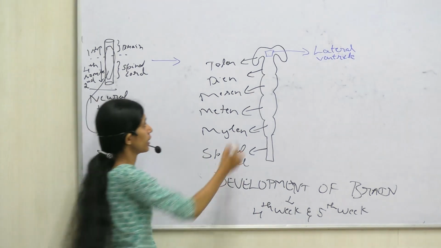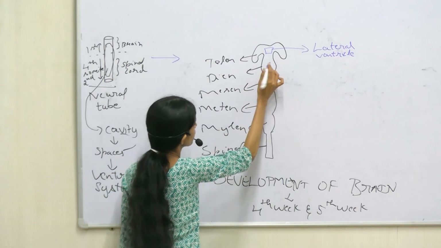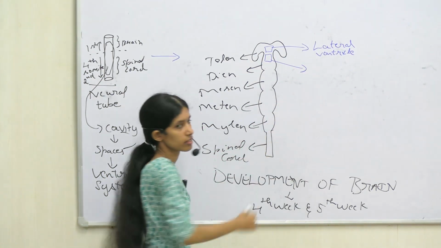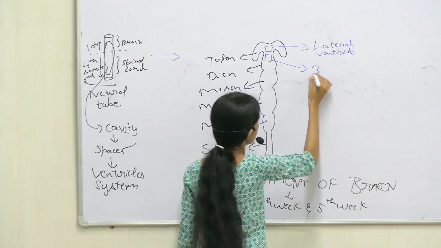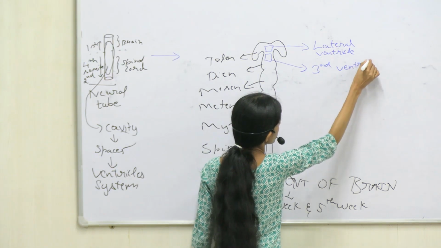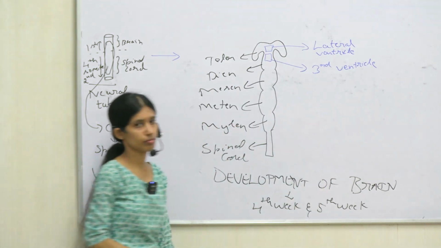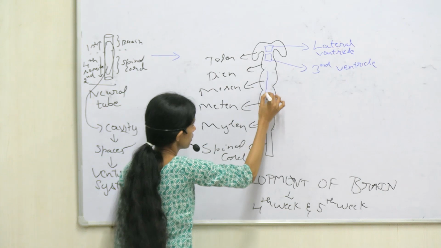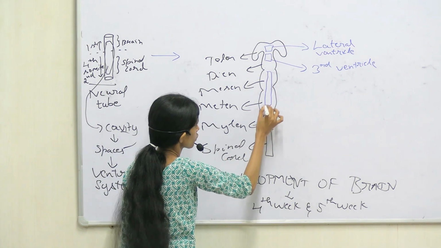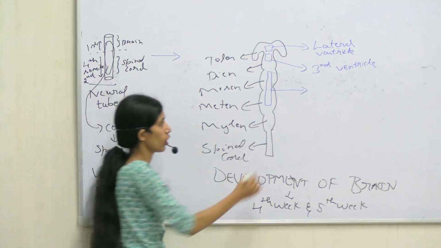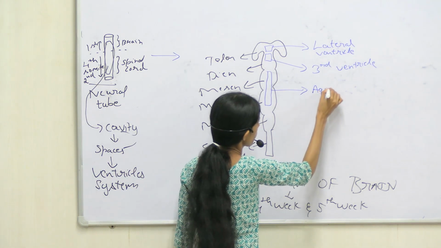And this here, in this area, is called as third ventricle. In your mesencephalon area, this whole narrow space is called as aqueduct.